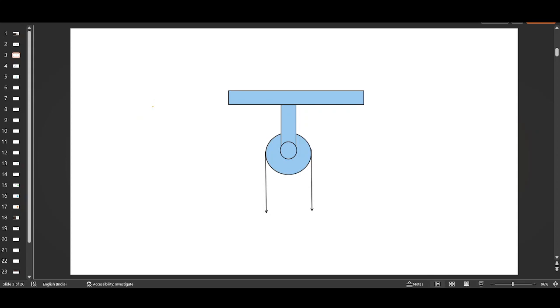So this is a pulley. If you watch old movies, there is a well, and to draw the water from the well, we need a pulley. Clear? So this is a pulley.